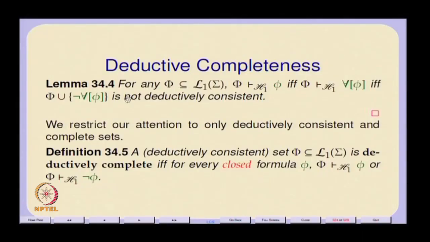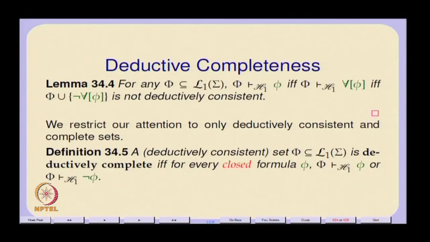However, this deductive completeness for us comes at a certain price, and that is that with the presence of free variables, we cannot just take phi and not phi. We have to take its universal closure.